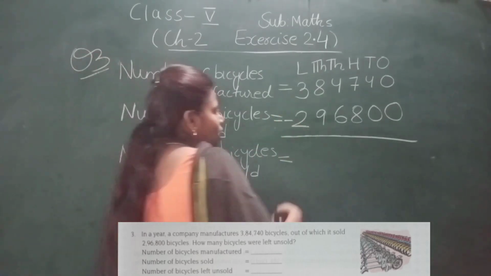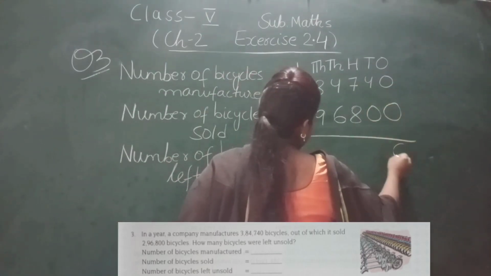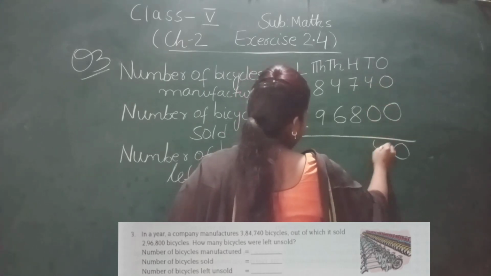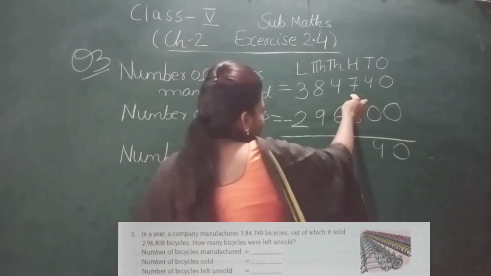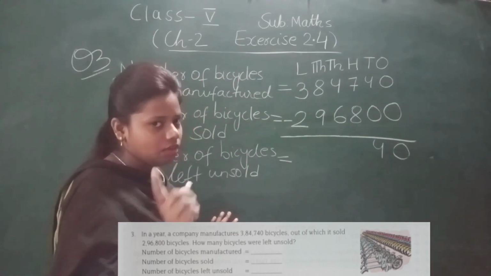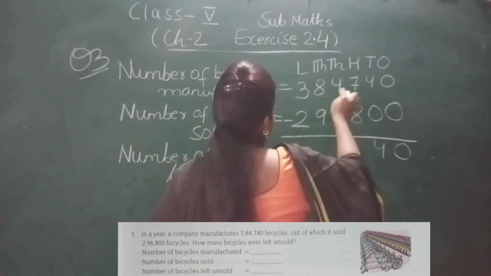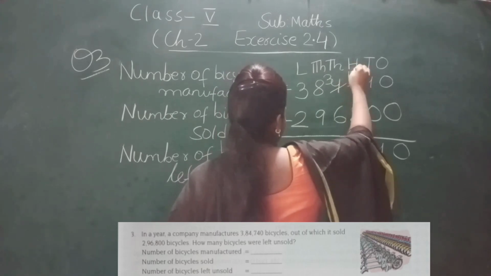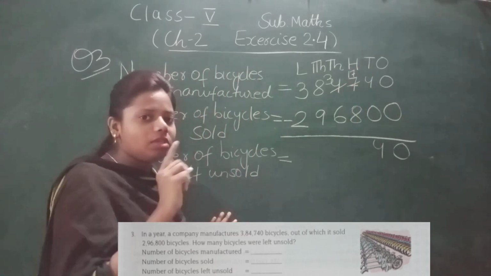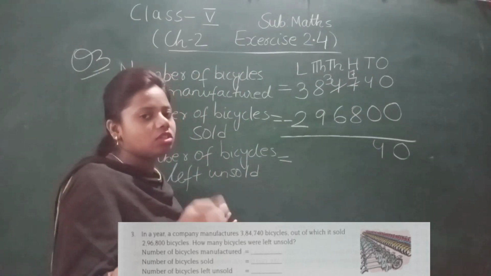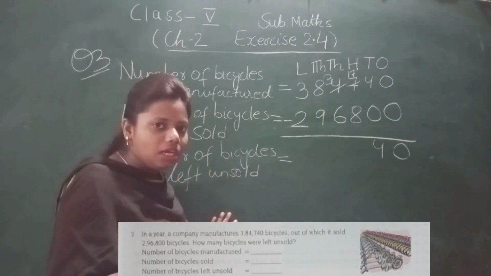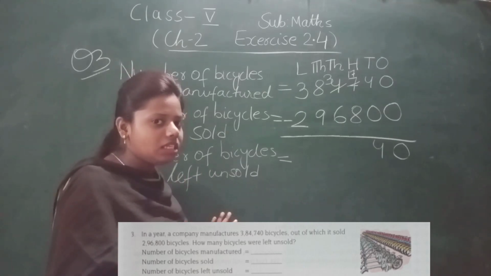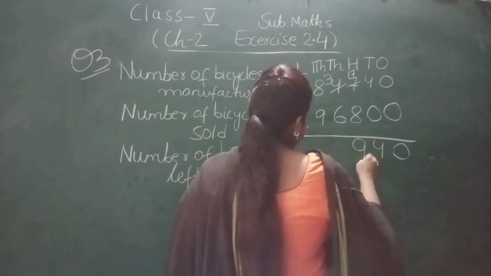So how much is left? 0 minus 0 is 0. 4 minus 0 is 4. From 7 we cannot subtract 8 because 7 is small. So the 7 will take borrowing from this 4. This 4 will become 3 and 7 will become 17. Now 17 minus 8 is 9.